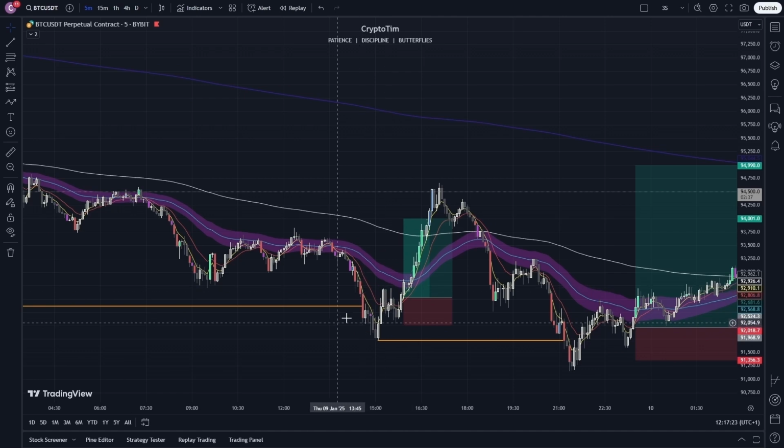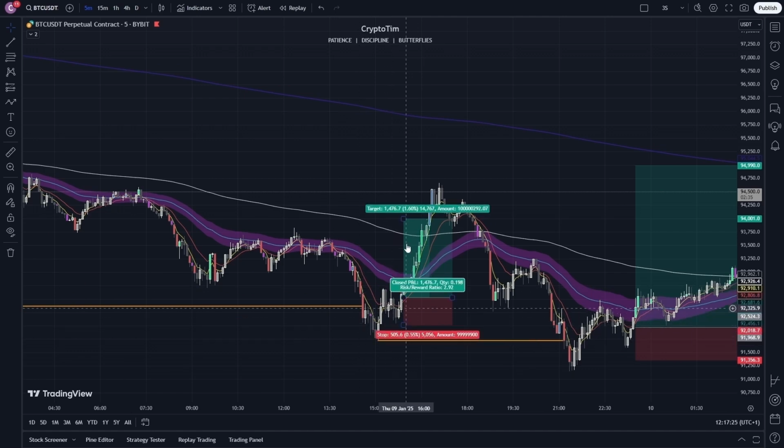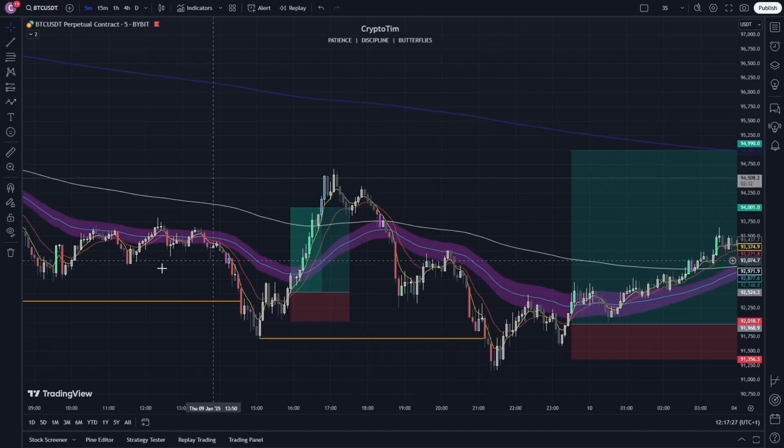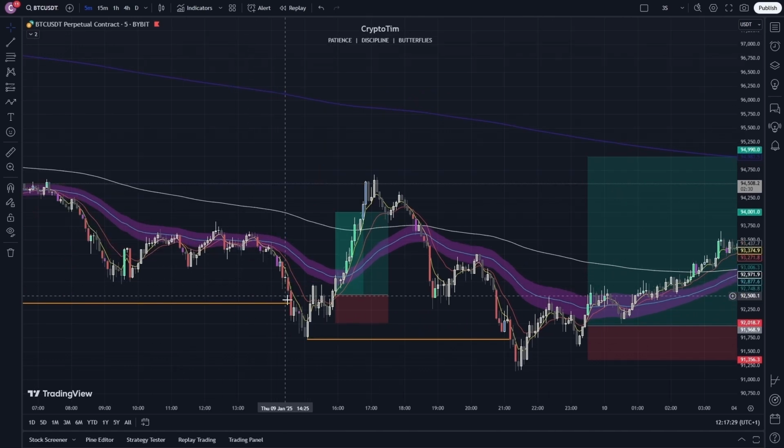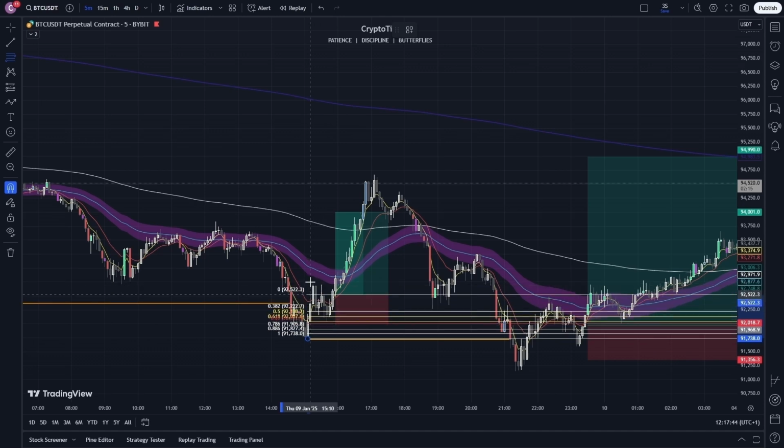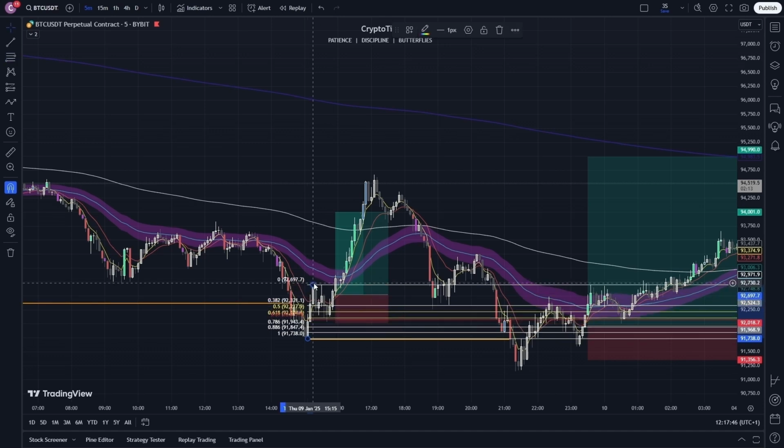We are going to trap these retail traders, and from there we bounce, and we see the reaction after the liquidity has been taken. We take our Fibonacci tool right here. We draw it from our local low, so from left to right, with the move.